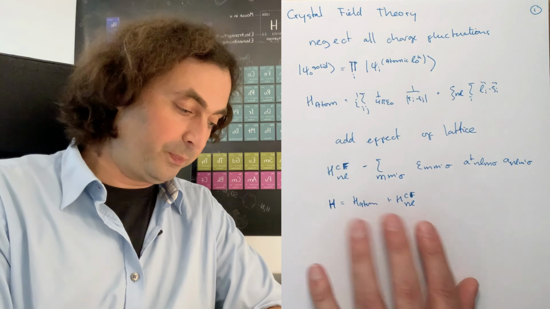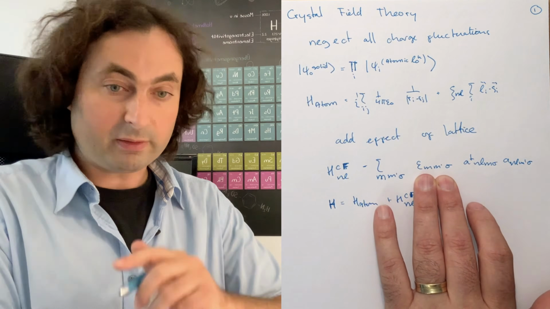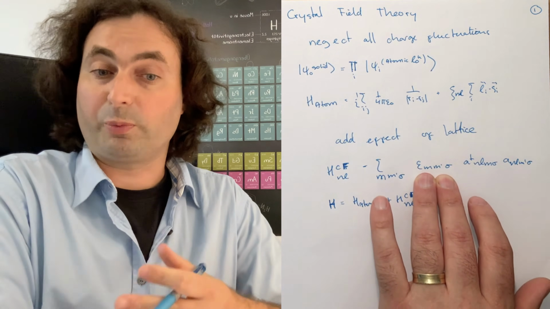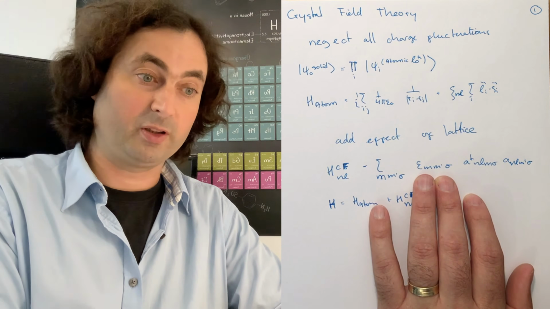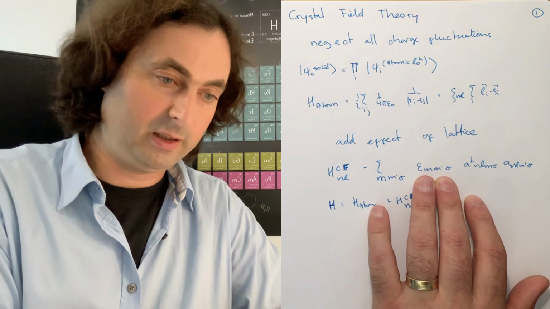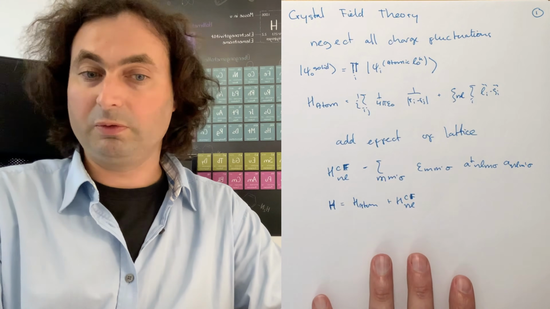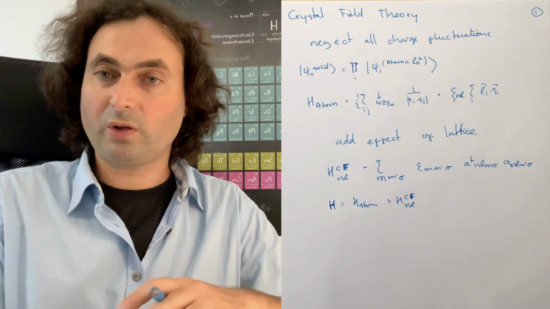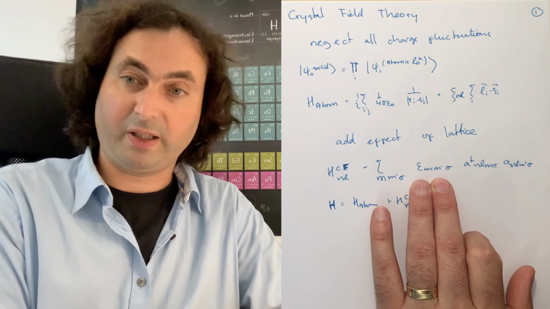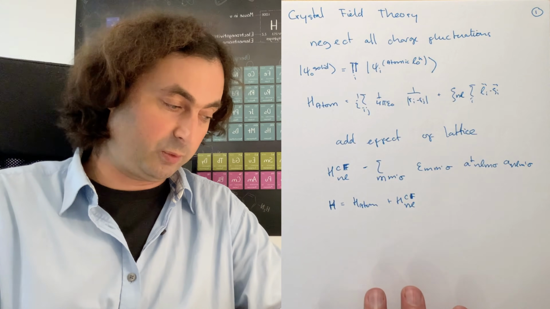At the same time, determining what your parameters are, what the microscopic reason is that you have your crystal field, turned out also to be highly non-trivial. And we will first focus on a historic explanation that people like Bethe and van Vleck gave to the crystal field.